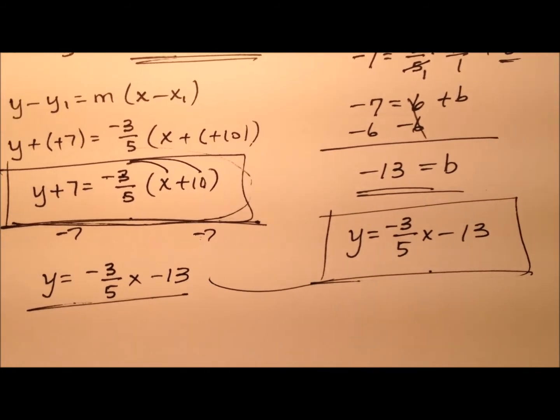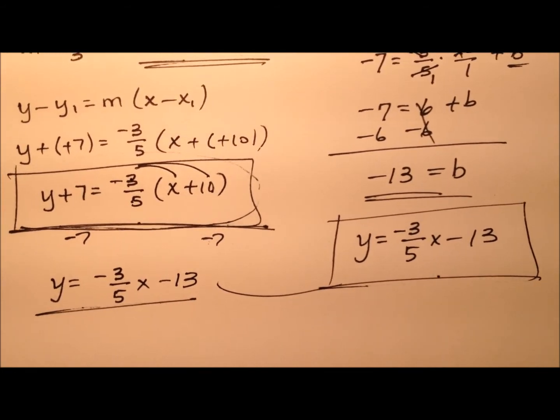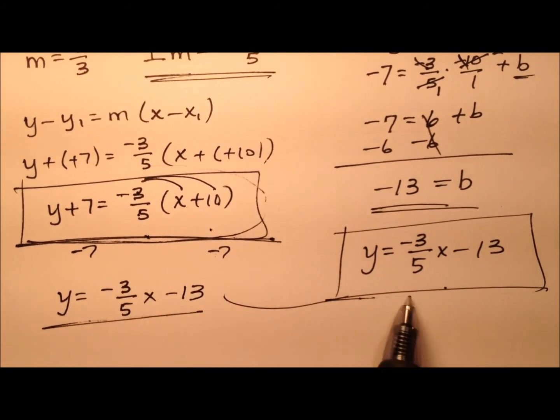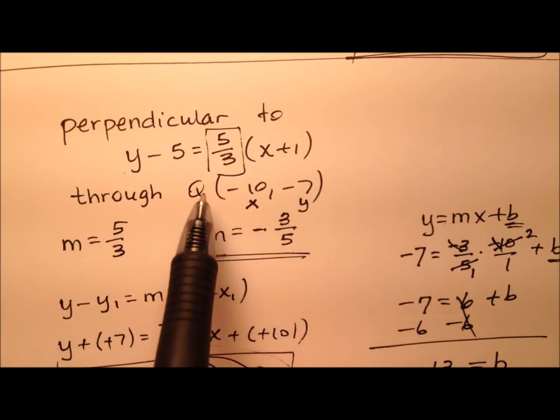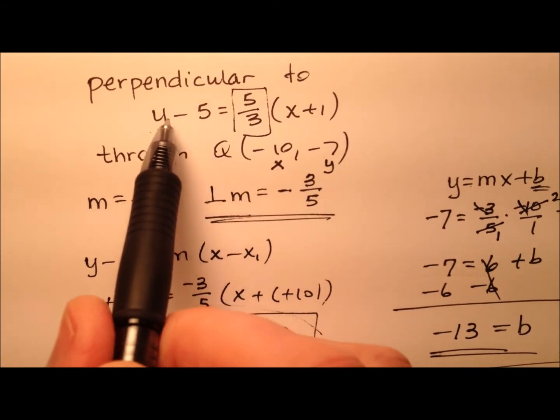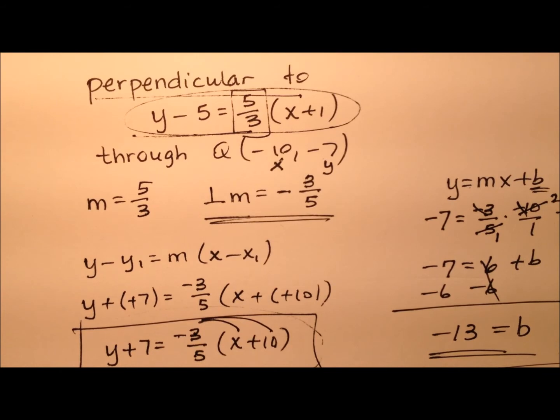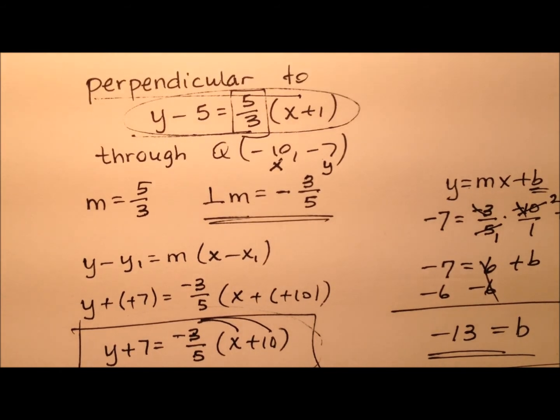You'll see, indeed, they are the same equations. So what did we do just now? We wrote two equations, one in point-slope form and one in slope-intercept form, for lines that are perpendicular to this original line but passing through point Q. And here's the graph of what that looks like.